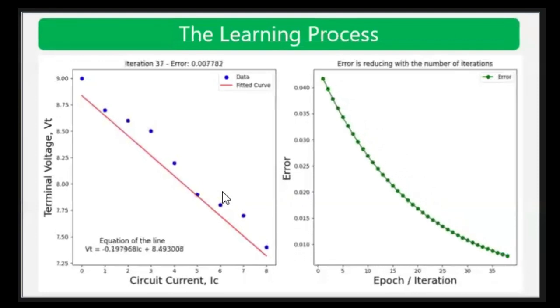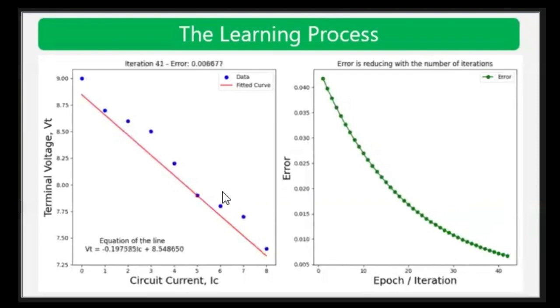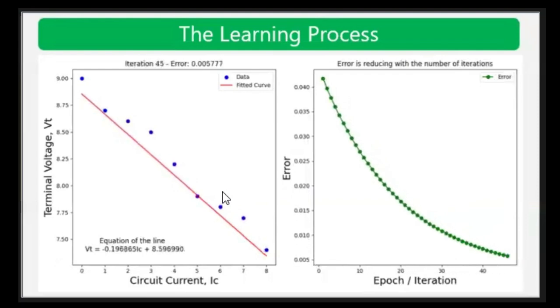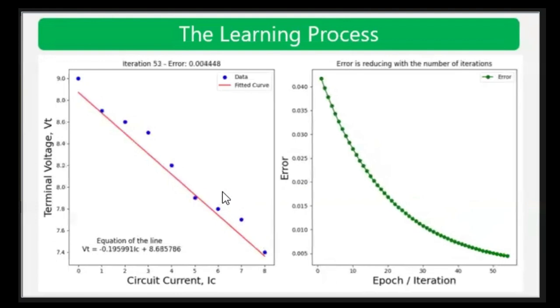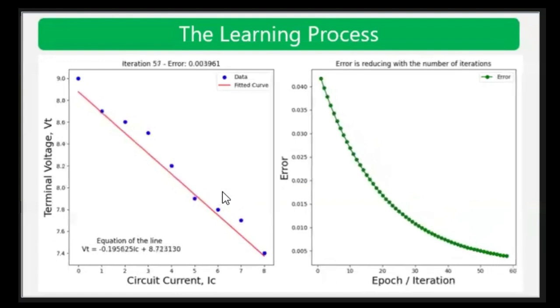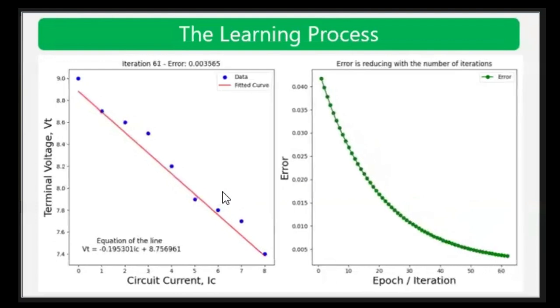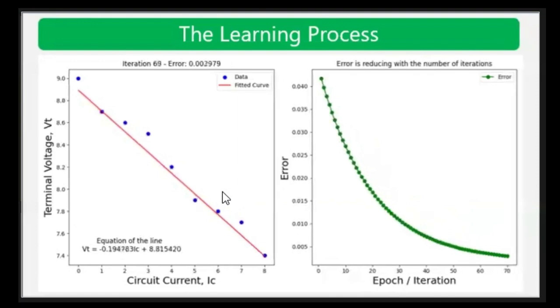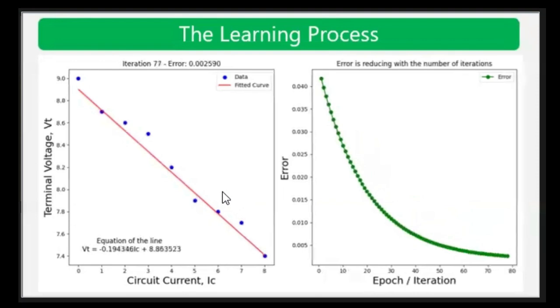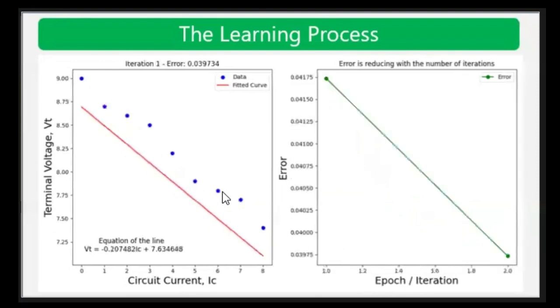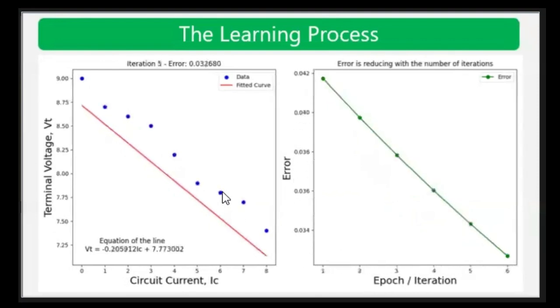I started at a certain point, somewhere here. You can see the weights change here: W1, W2, B into W2. Every cycle, the error is going down. From far away, I am getting the line very close to the blue line. Now I am getting the most fitted line.